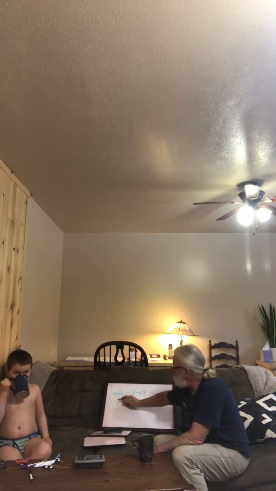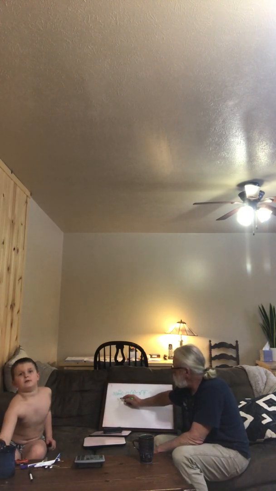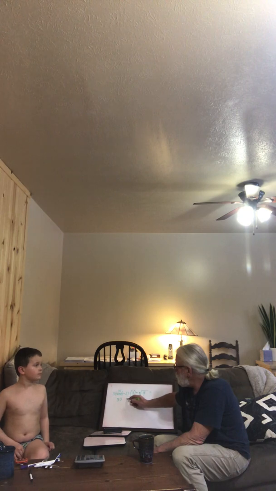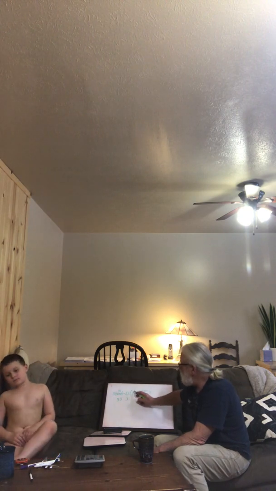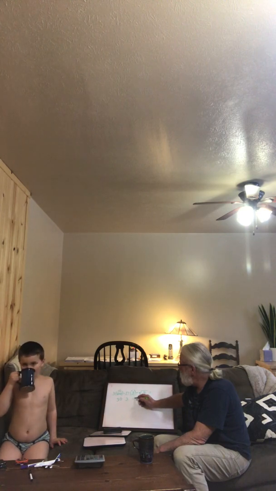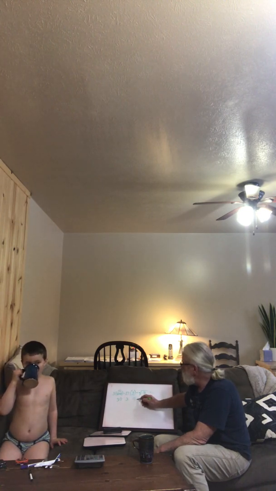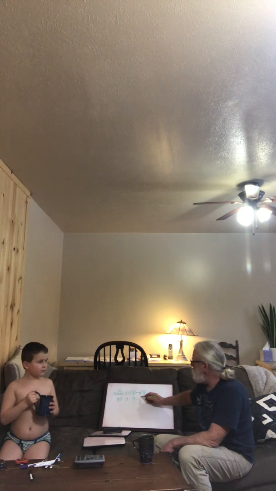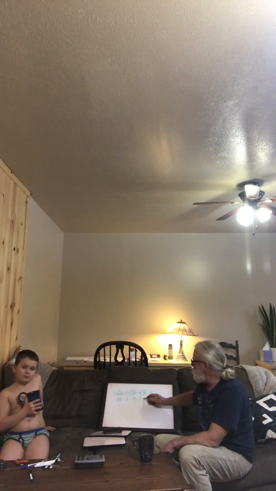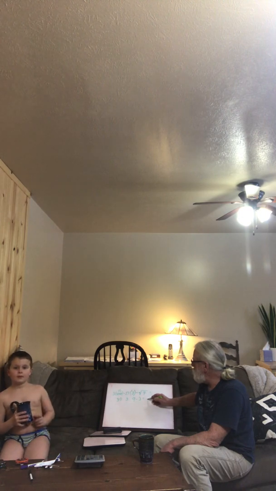That's 30. Minus 27, that's 3. Times 3 in the parentheses, that's 9. Minus the square root of 9, which is 3. 9 minus 3 is 6.